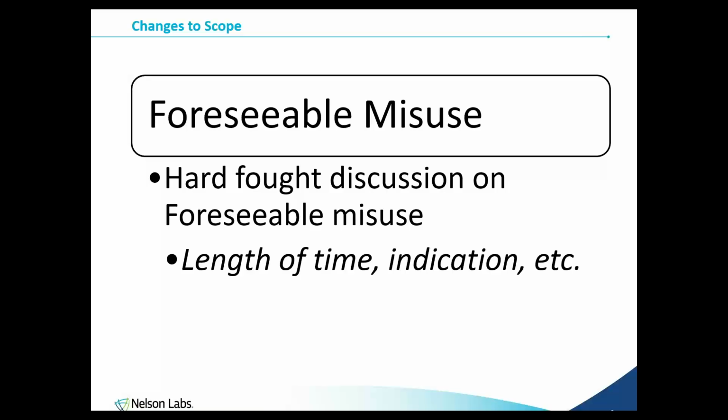That also means for length of time. So if you think that the typical dwell time for your vascular product is 8 hours, but it's foreseeable that someone could use it for longer than 24, then you still have to evaluate the endpoints for prolonged contact.